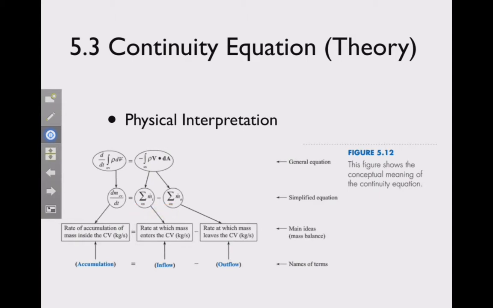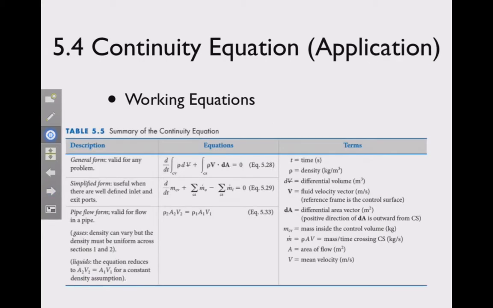So this is the rate at which mass enters the control volume, and this is the rate at which mass leaves the control volume. The continuity equation gives us what we expect out of the physics: if the inflow is greater than the outflow, we're going to accumulate mass within our control volume.